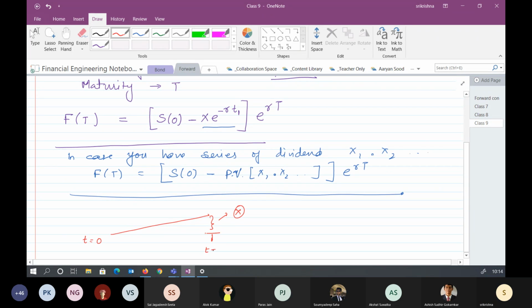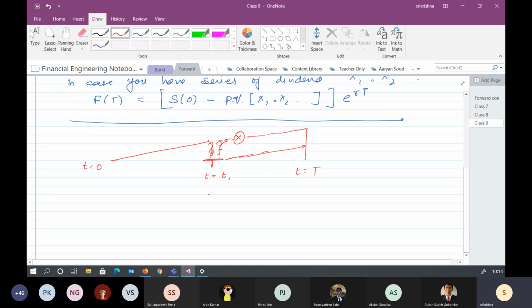This value should have increased till, let's say, expiry. But in between we have received back some of the cash, which is the amount X. It means that at that moment the price will drop, and now whatever will increase will not increase as the original one, but rather with the discounted one. So here the price will drop.